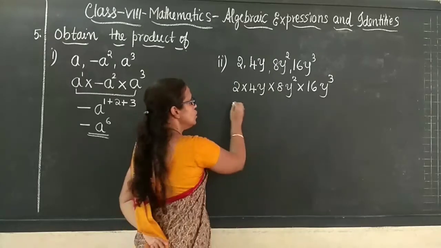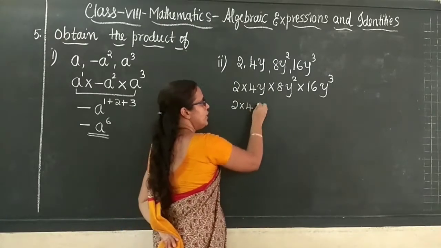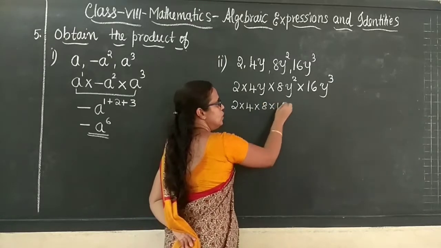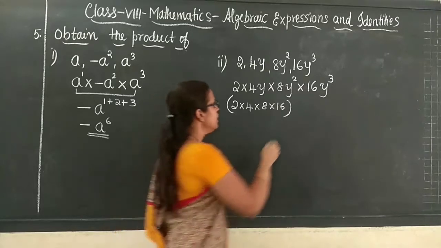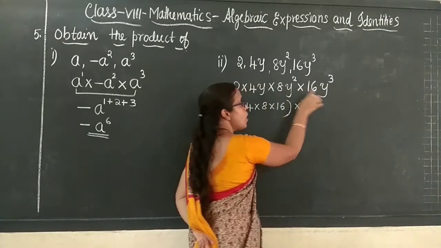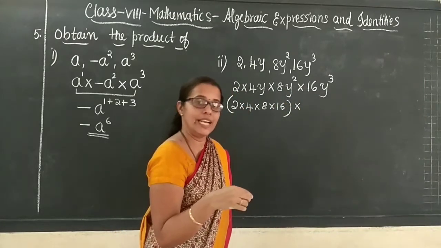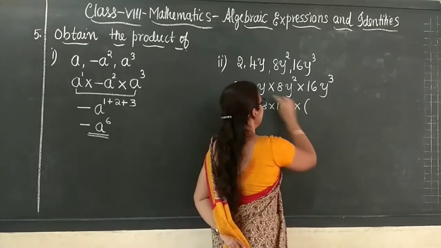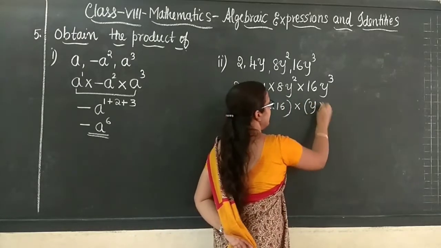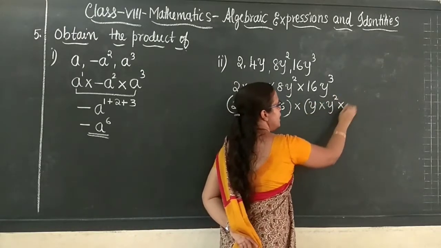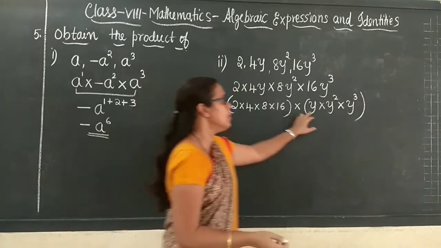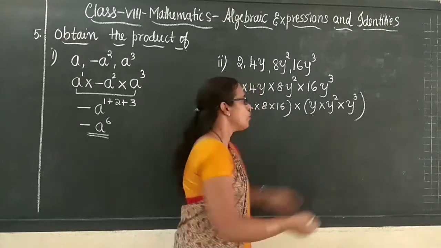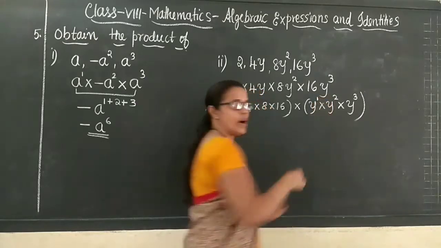Okay, in the sense 2 into 4 into 8 into 16. Can we multiply all the numbers first? Then y, how many times is y repeated? Let us write it separately: y into y square into y cube. Children, where there is no power, you have to write the power as 1.